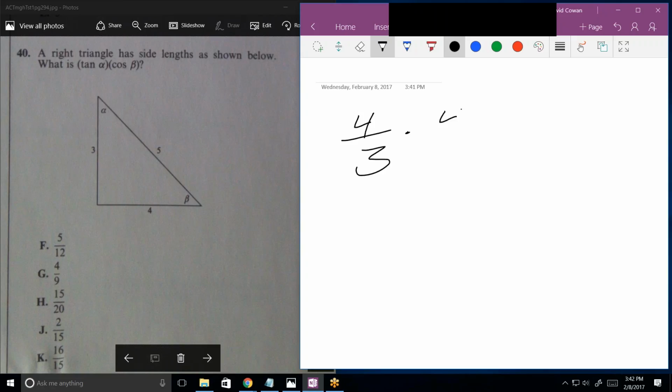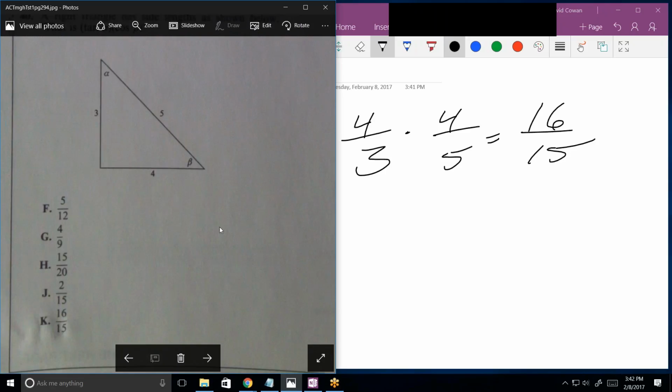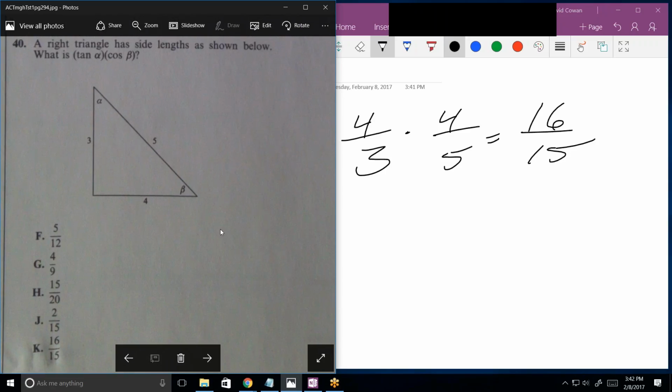It's the product of those two. 16 over 15. Again, a trig problem that's really easy. There are 4 trig problems on there, and for anybody that's had trig, these should be gifts.